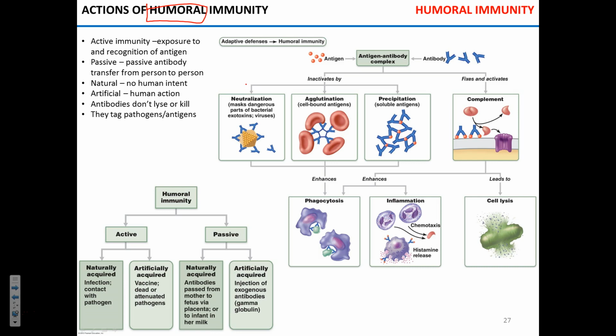So basically, I'll give an example. First of all, what can antibodies do? Rule of thumb, antibodies never kill. Unlike a machete, they never kill. They tag the antigens. So what happens?